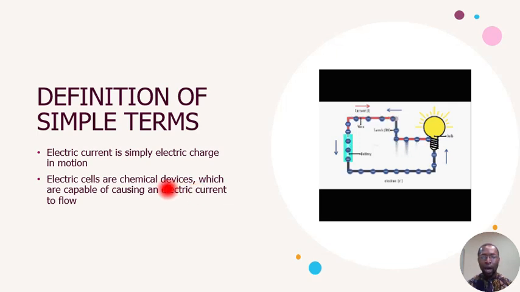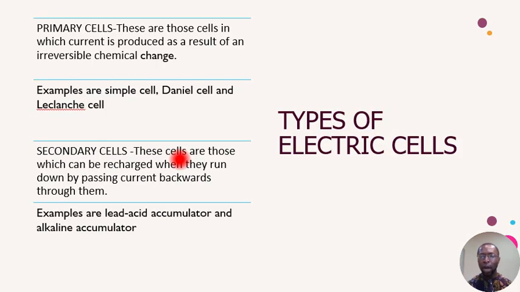All right. Having known that, let's now talk about the types of electric cell that we have. There are two major types of electric cells. We have the primary cells and we also have the secondary cells. The primary cells are those cells that produce current, and after that they cannot be recharged.